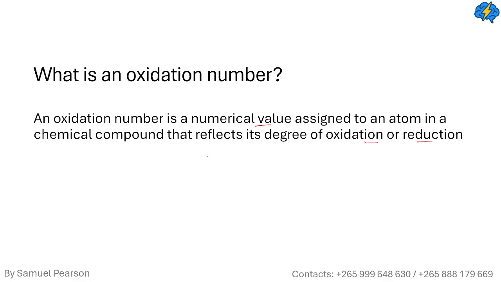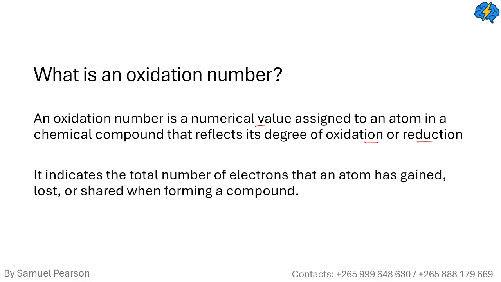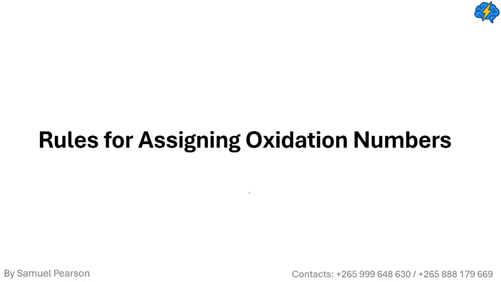So oxidation number, in simple terms, indicates the total number of electrons that an atom has gained, lost, or shared when forming a compound. So that's oxidation number. Now let's look at the rules which are followed when assigning oxidation numbers.